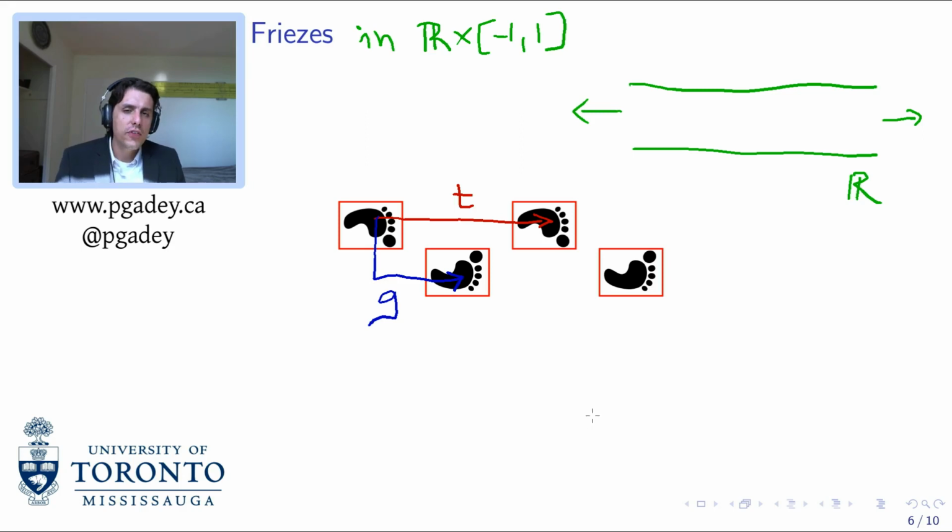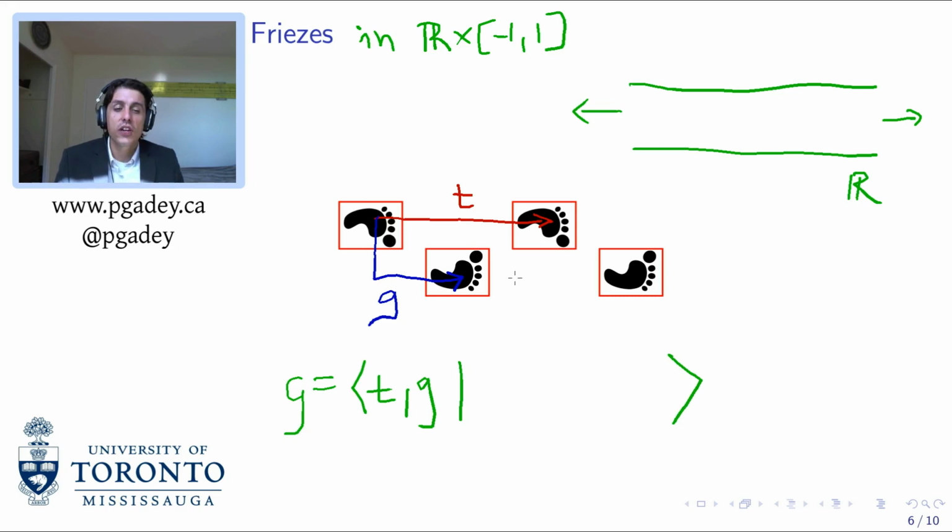Now, we want to figure out what is the group of transformations that preserves this frieze? What is the pattern that the symmetry encodes for us? So our group is going to be generated by two elements, T and G, and we want to see what relationships those generators have.